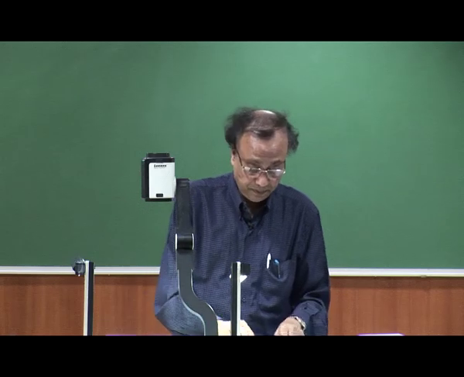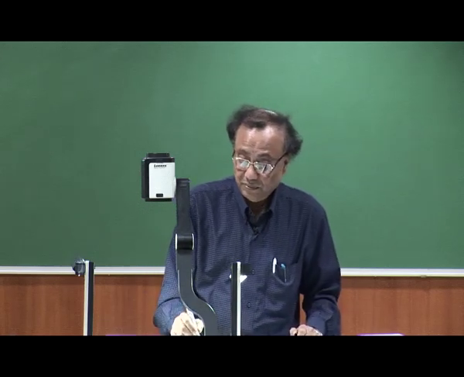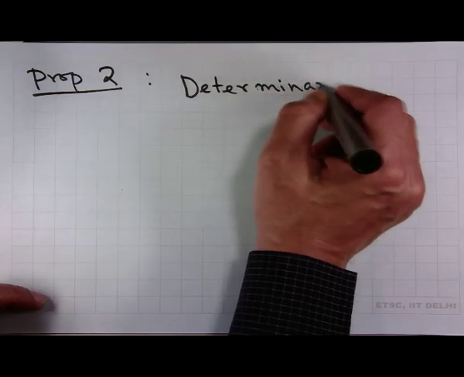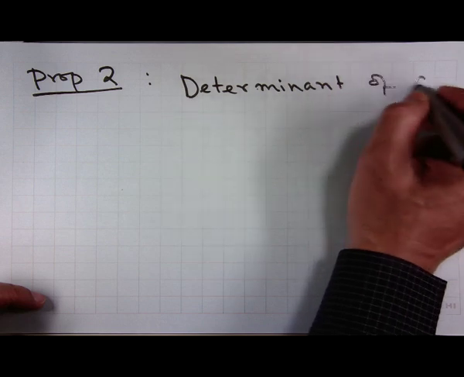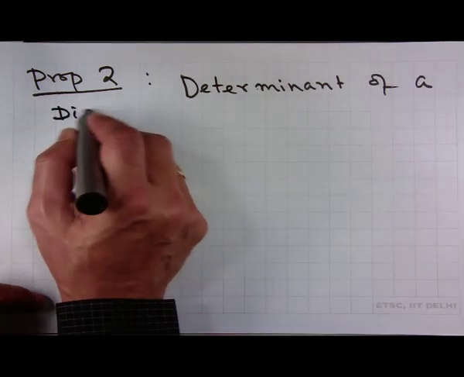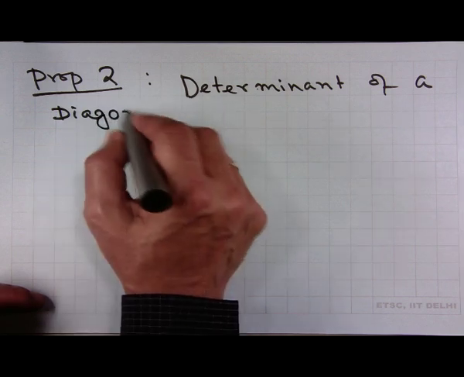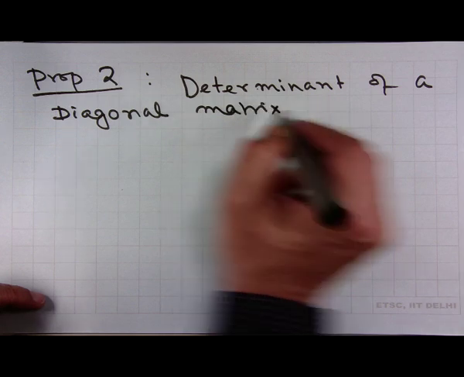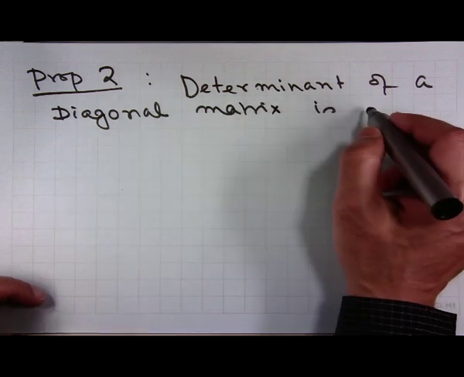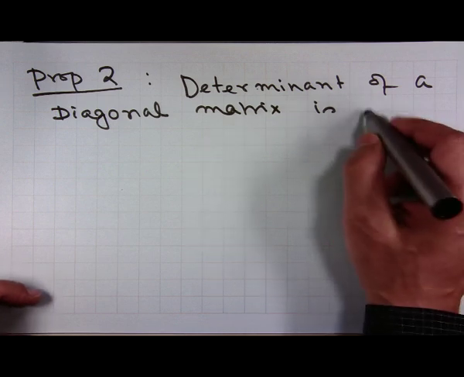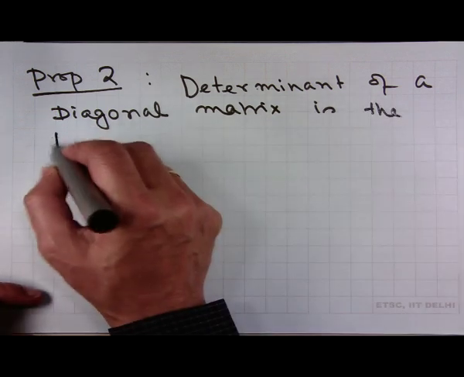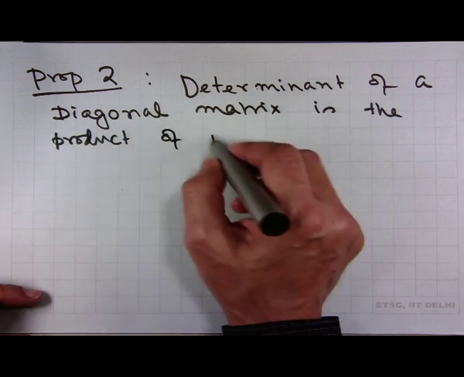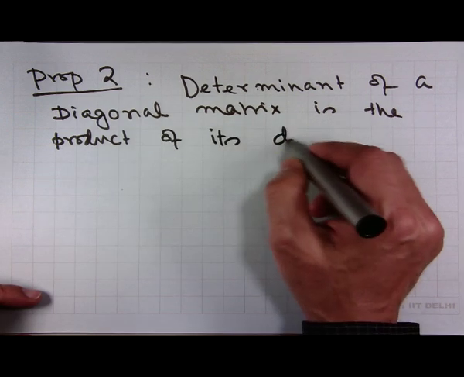Property 2, the determinant of a diagonal matrix is the product of its diagonal elements.